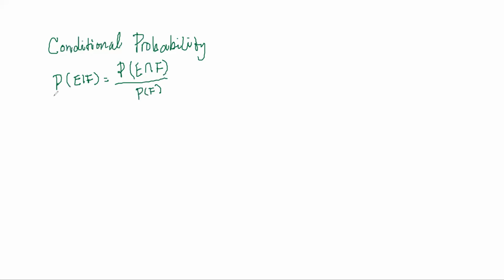So this, of course, is the probability of event E happening given F happens. So not only does E have to happen, F has to happen.